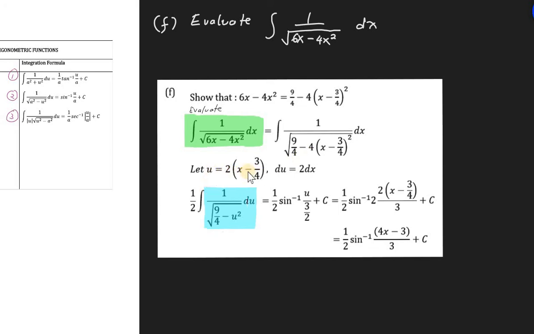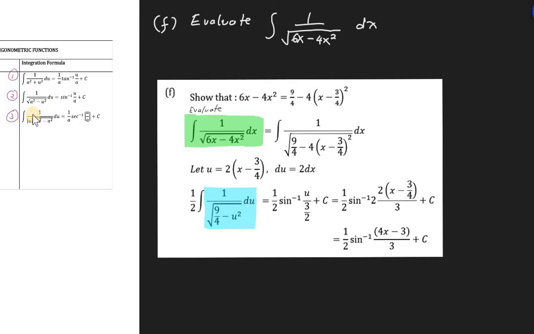So the u is 2x minus 3 on 4. Then we differentiate, du on dx, we get 2. So replace the dx, dx is du on 2. We put the 1 on 2 outside du, and then we are left with this, where this whole set is the u. And when you have got this, then you can compare to the formula.